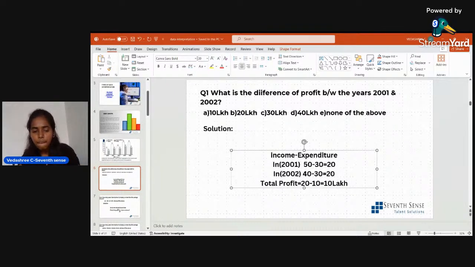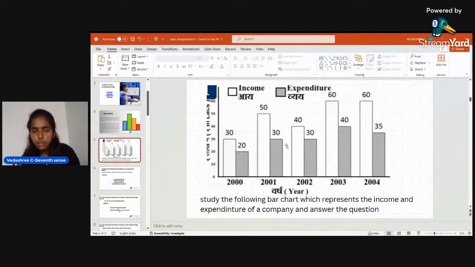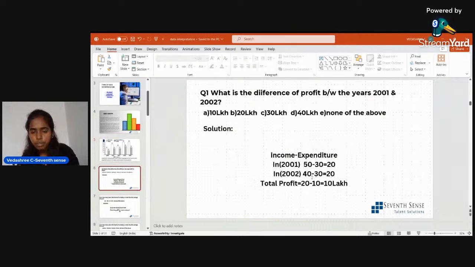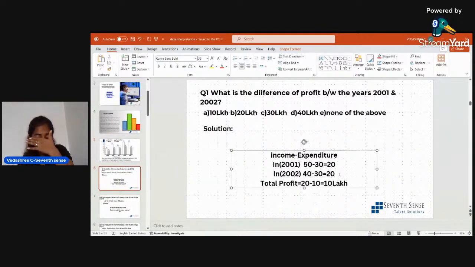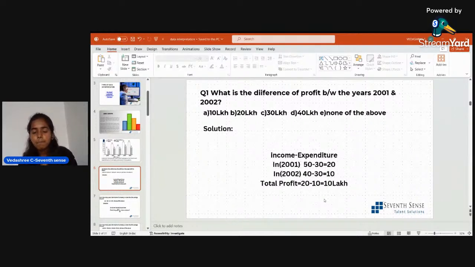Next, in 2002, 40 minus 30, which is 10. So now the total profit difference is 20 minus 10, which is equal to 10 lakhs of profit.